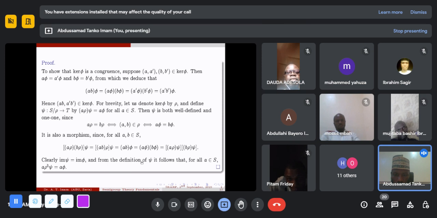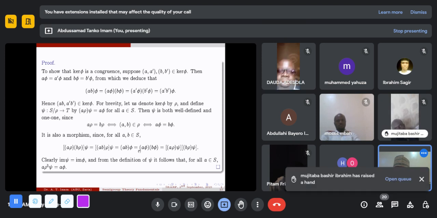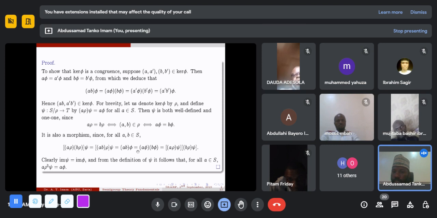Actually, by virtue of its definition, psi satisfies the property that for all A in S, A rho natural under psi is equal to A phi. And that means rho natural composed with psi will give you phi, because this is happening for all A in S. And so therefore, the first isomorphism theorem of semigroups is established.